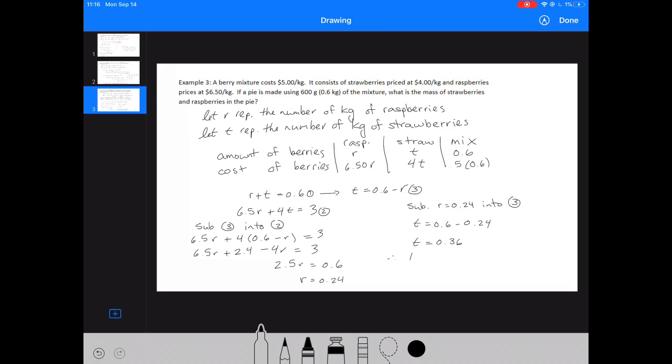So therefore, there are 0.24 kilograms of raspberries and there are 0.36 kilograms of strawberries.